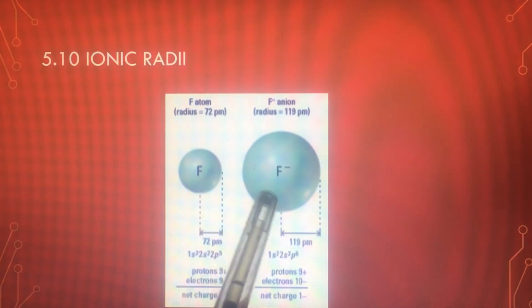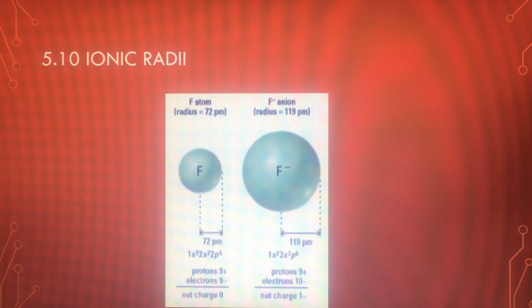So the valence shell of the fluoride ion will be much larger than the valence shell occupied by the valence electrons of the fluorine atom.